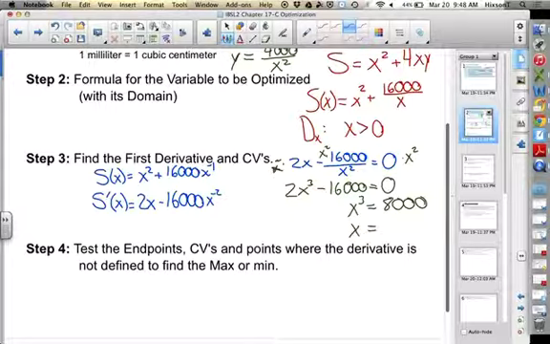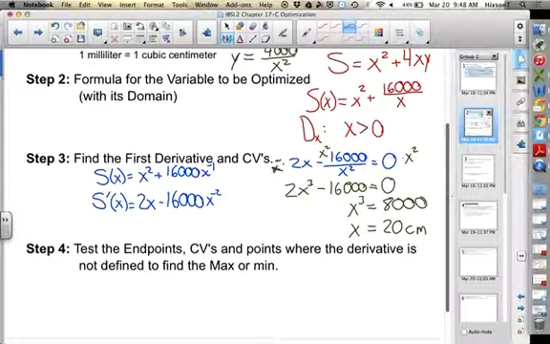We end up with the cube root of 8,000. Cube root of 8 is 2. Cube root of 1,000 is 10, so that's 20. And what are our units of measure here? Centimeters, right? Because we were in liters, so we converted that to cubic centimeters. So this is centimeters.